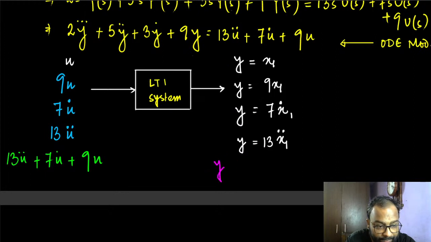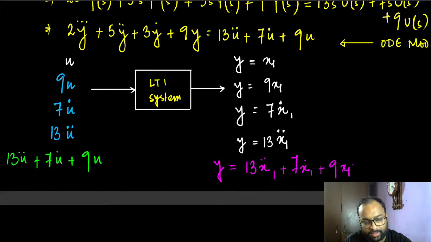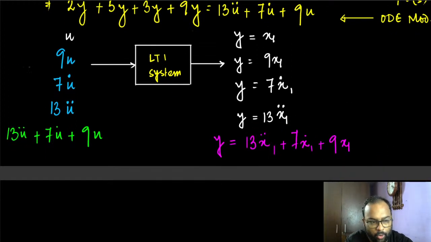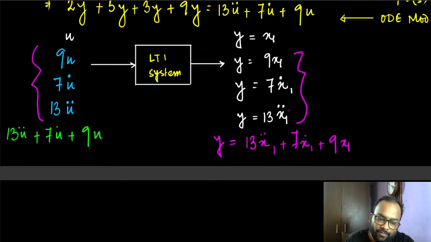And the output here is going to be whatever outputs I individually had for them. So 13 x1 double dot plus 7 x1 dot plus 9 x1. So that is going to be the output. If I add these three and send that as an input, then the output will be a sum of these three. All these are because of linearity.